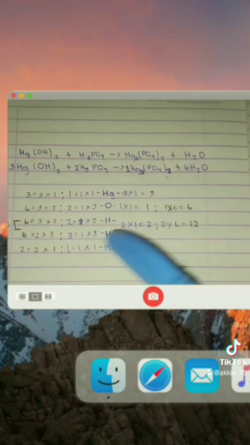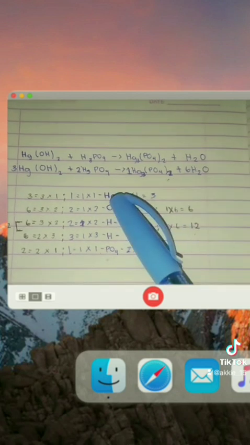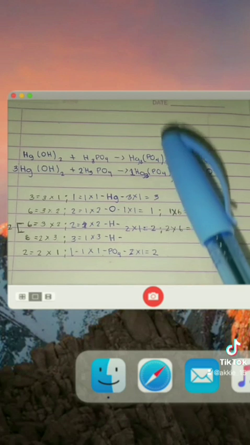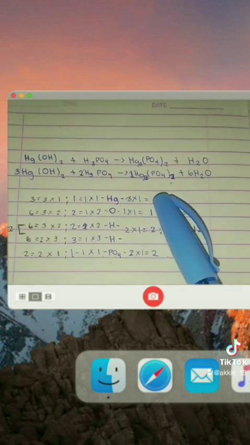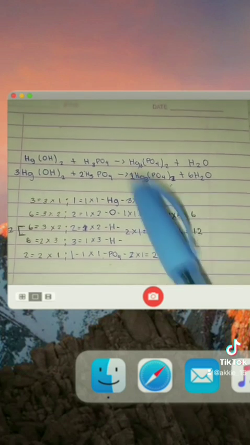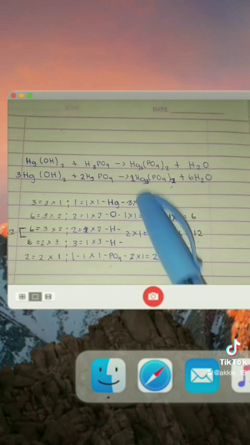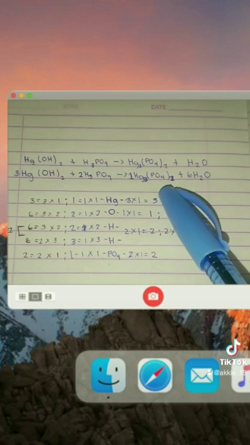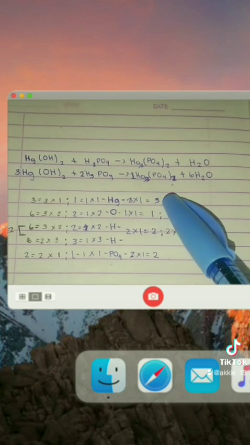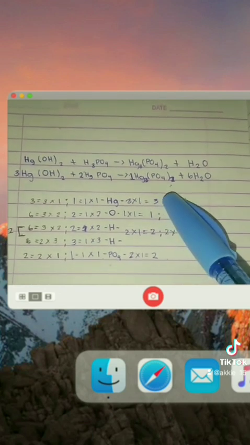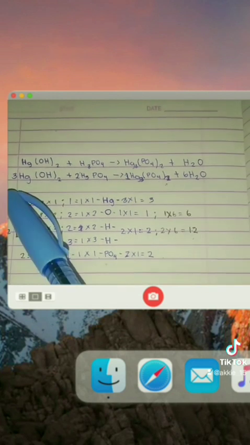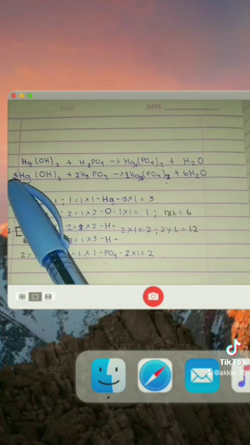So let us proceed in balancing. We first have our mercury. Since our product side has 3 atoms or ions, let's find a coefficient that will make the mercury on the reactant side equal to the product side. So we put 3 as a coefficient.